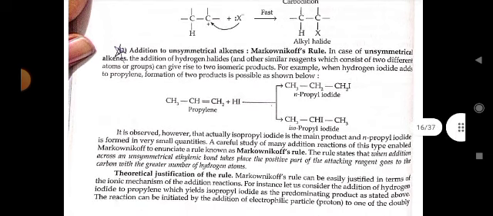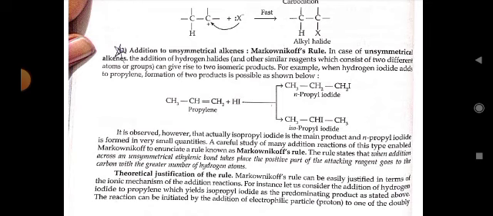It is observed, however, that isopropyl iodide is the main product and n-propyl iodide is formed in very small quantities. A careful study of many addition reactions of this type enabled Markovnikov to enunciate a rule known as Markovnikov's rule. This rule states that when addition across an unsymmetric ethylenic bond takes place, the positive part of the attacking reagent goes to the carbon with the greater number of hydrogen atoms.